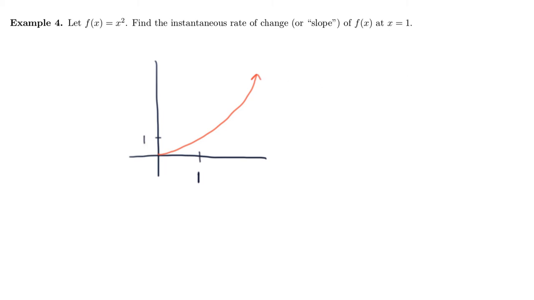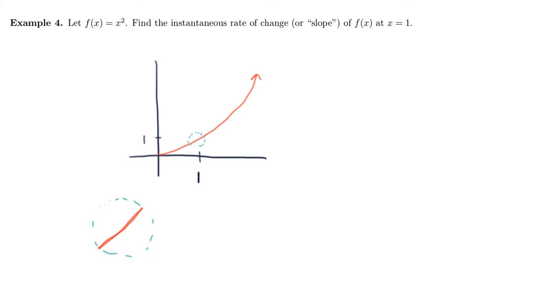And so the idea, remember, is to zoom in and pretend like when we zoom in close enough, the function is actually a line right here, and find the slope of that line.